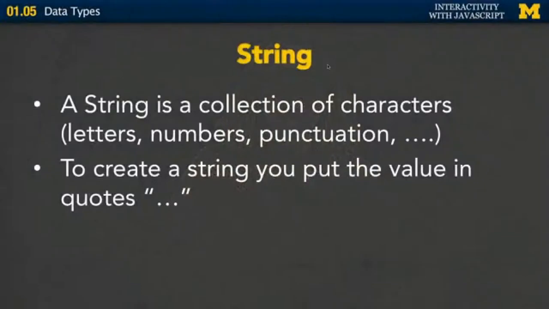The next type is called string. A string is simply a collection of characters such as letters, numbers, punctuation, spaces, basically anything you can type into the keyboard. To create a string, you have to put the value in quotes. Now, these can be single quotes or double quotes. And I want to be very clear here that in PowerPoint, it's drawn the quotes as kind of forward and forward.